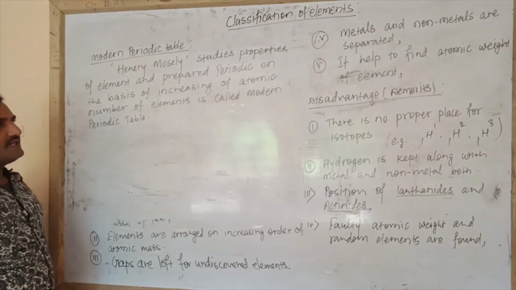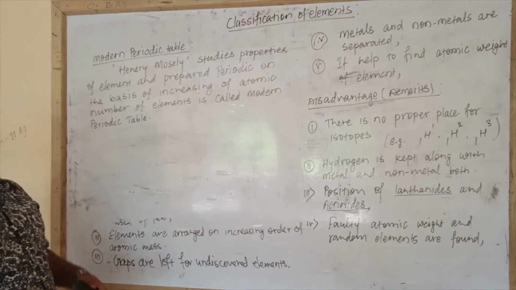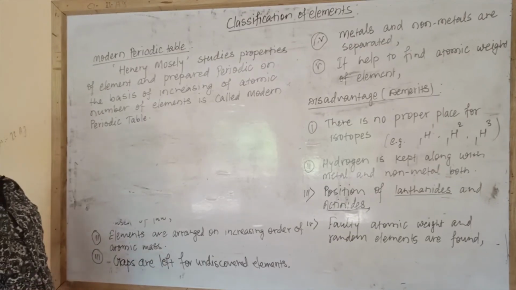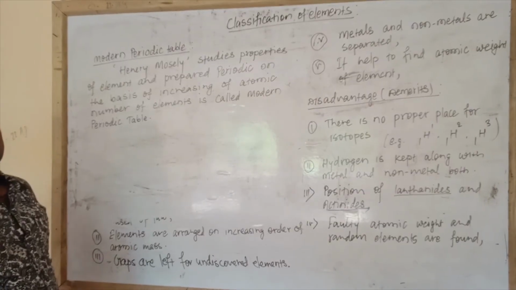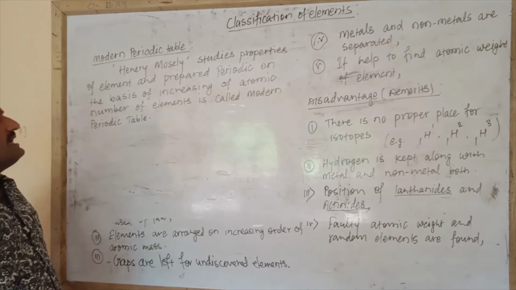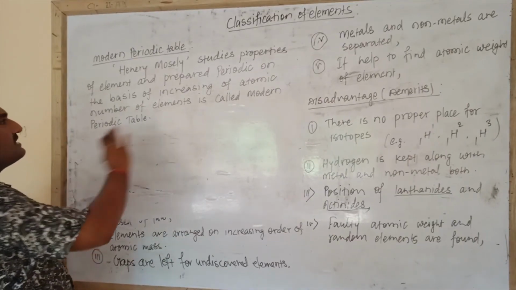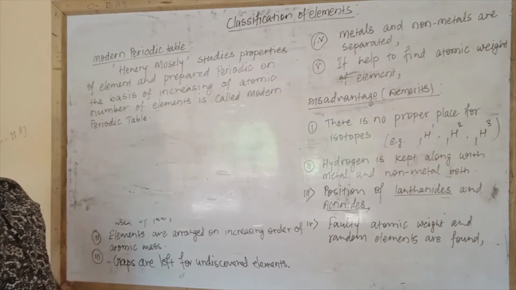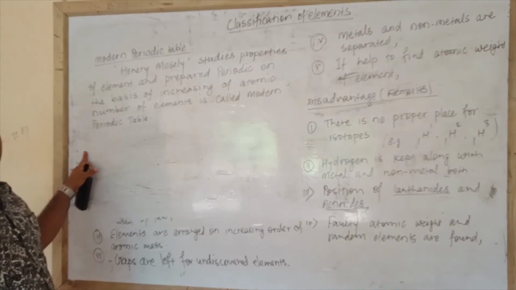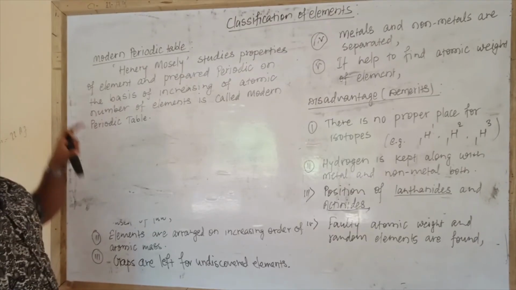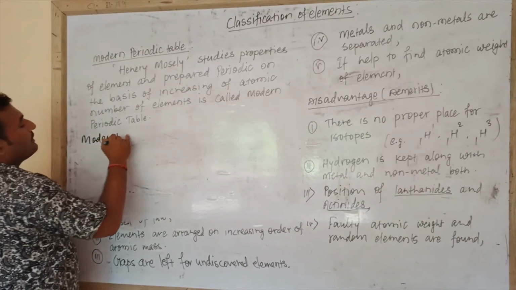When Henry Moseley studied the properties of elements, he found that properties of elements are a periodic function of their atomic number, and then prepared the periodic table on the basis of increasing order of atomic number. He also prepared a law known as the modern periodic law.